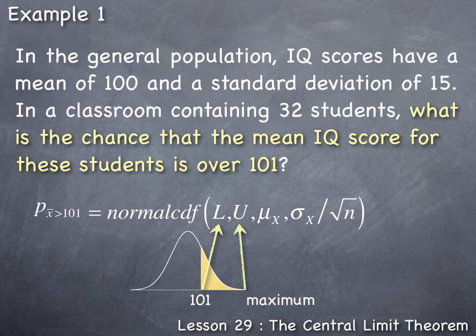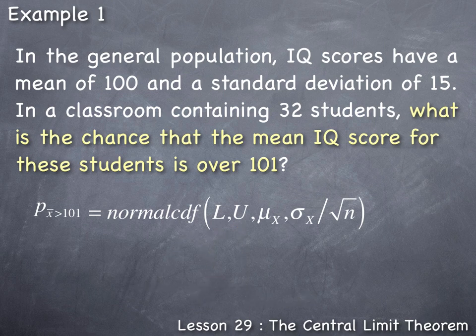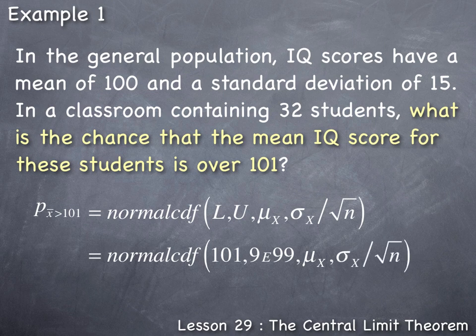If we don't know the actual maximum IQ score, we could just use 9E99 as our approximation for the largest value we can enter in the calculator. So now we have our normalcdf command with the 101, 9E99, and the last 2 values that are inputted are the mean and the standard deviation of the random variable.